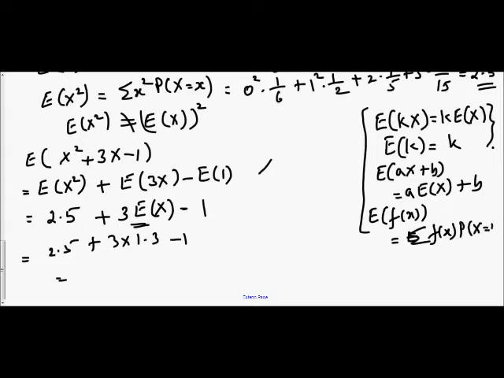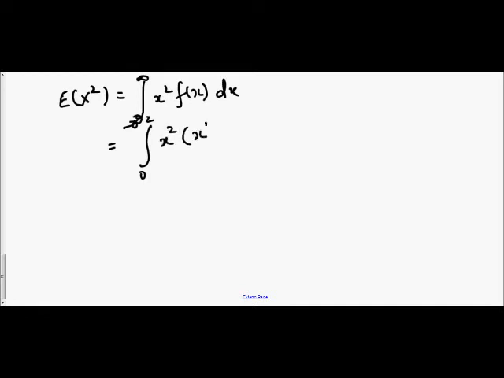In the place of f of x we had x square here. We used x square and we did the sum of x square p of x. So this is another property. So there are 1, 2, 3, 4 properties of e of x, the expected value of x. The same properties can be used for continuous random variables as well.